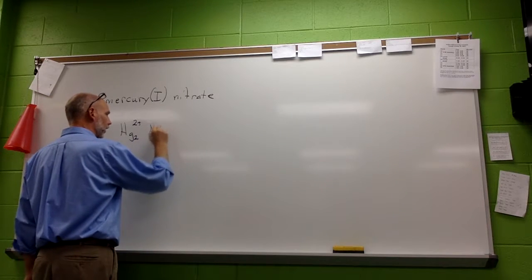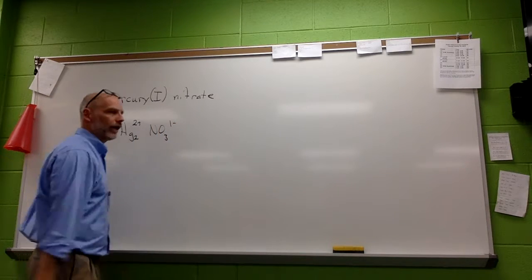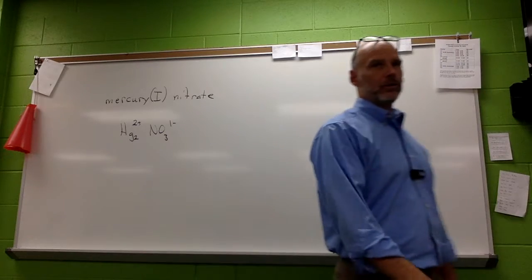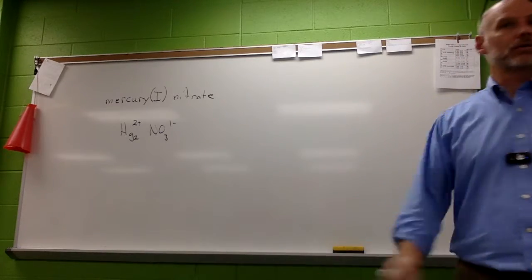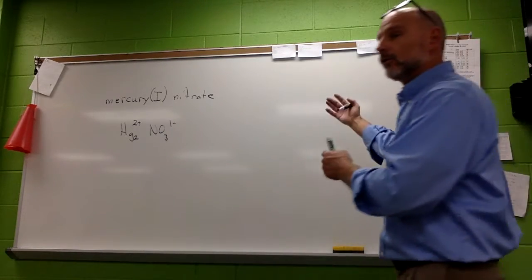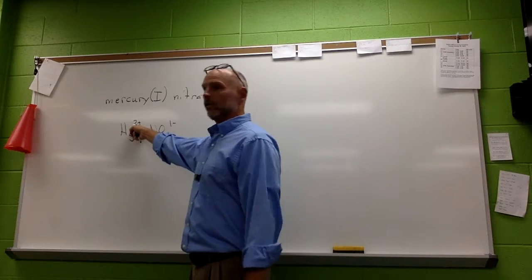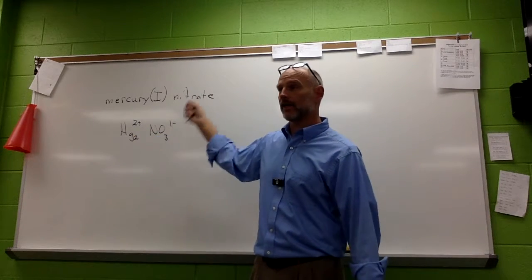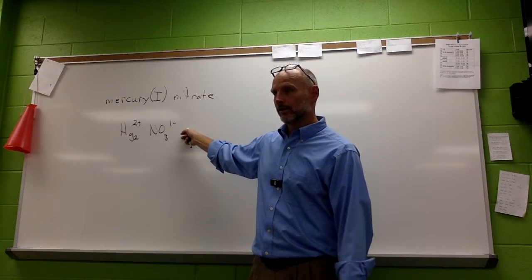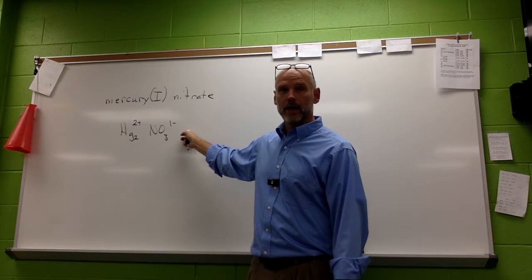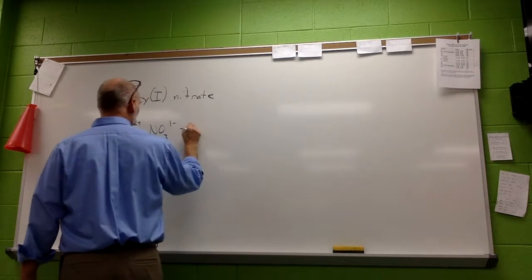Nitrate, as you're learning, is NO3 with a 1 negative. Do the charges cancel? They do not. Lowest common multiple is 2. I need 2 positive charges. I need 2 negative charges. Don't have it, do I? So what am I going to write?